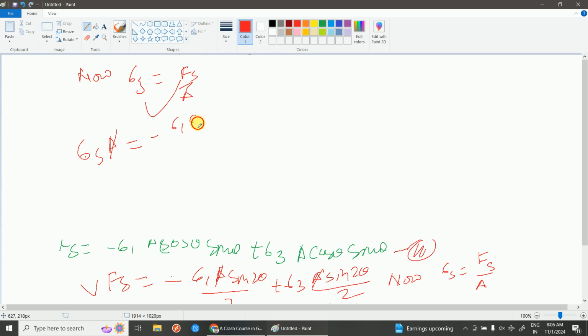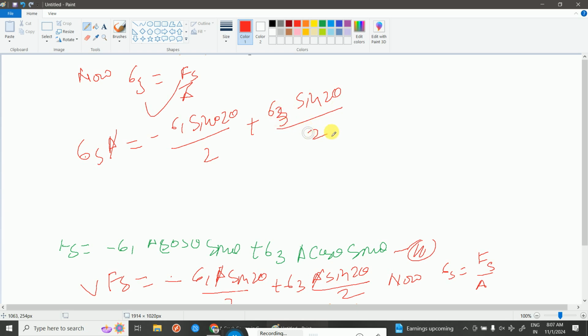sigma 1 sine 2 theta upon 2 plus sigma 3 sine 2 theta upon 2.